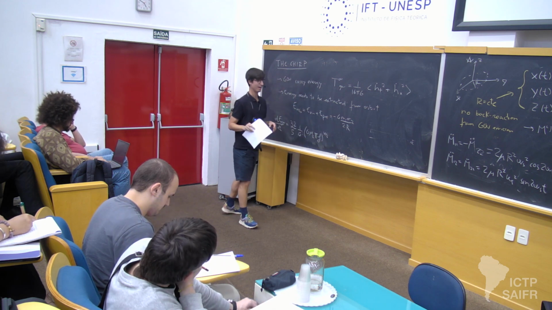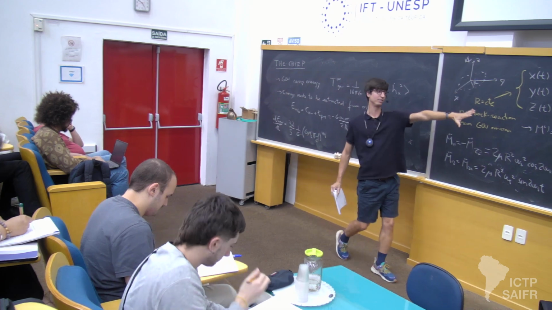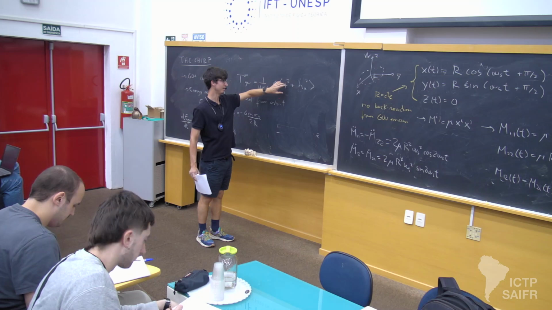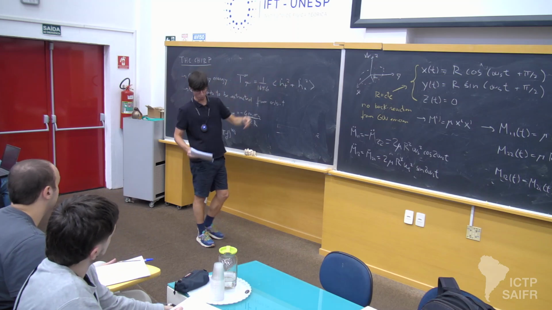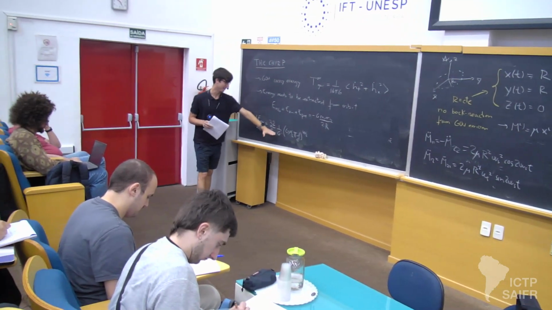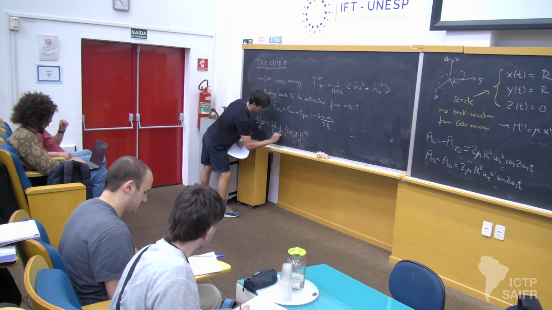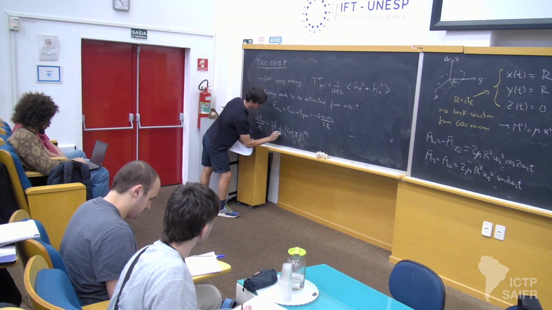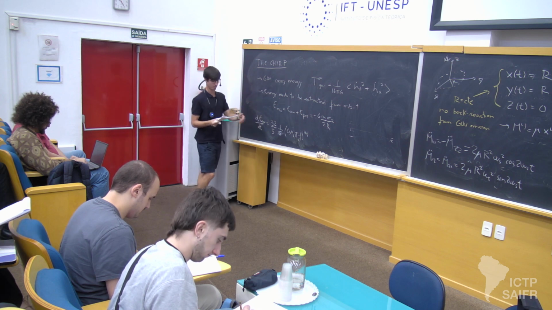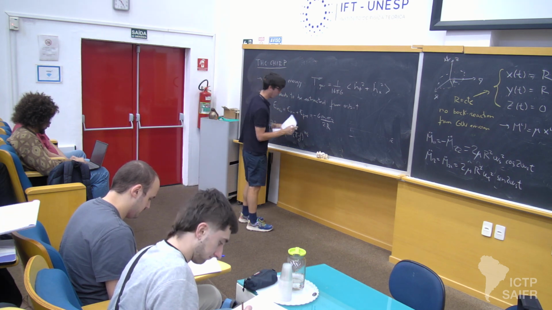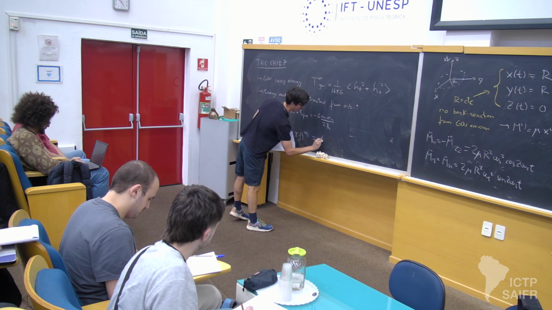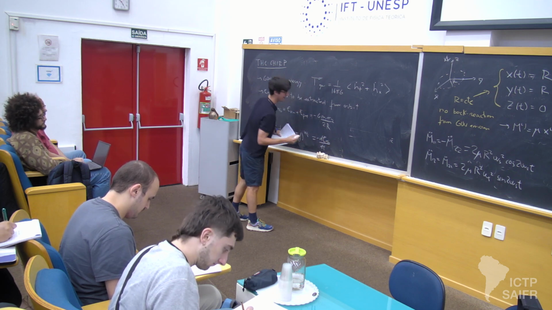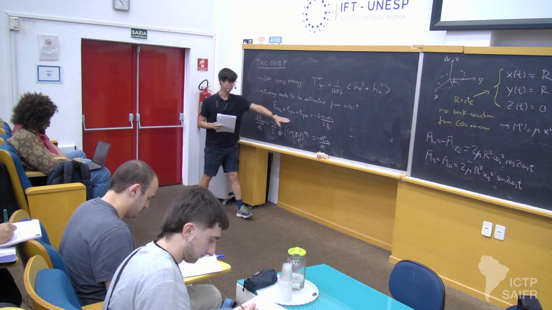If you take the solutions for the gravitational waves that we just derived, take these time derivatives and square them, you get these expressions, with G being Newton's constant. Then we want to equate this expression to minus the derivative of the orbital energy with respect to time, which comes from here.